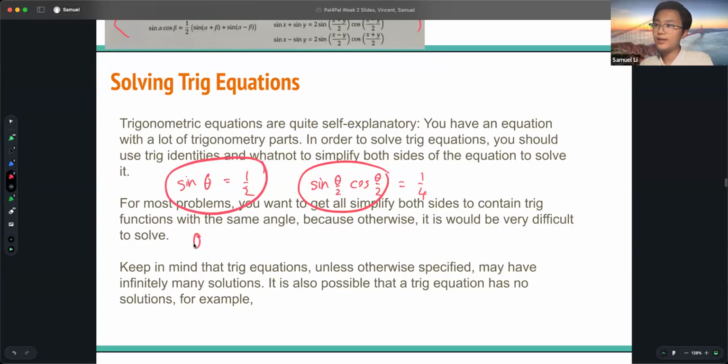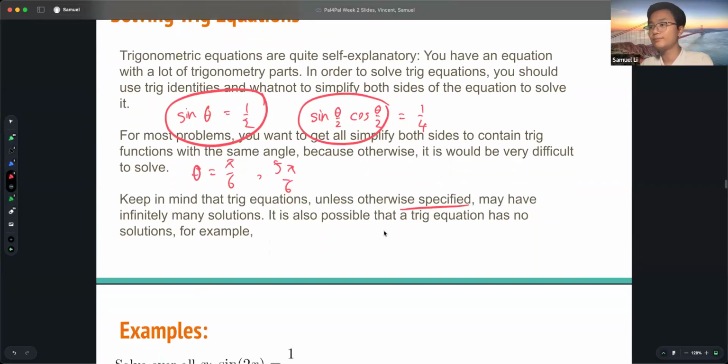If you just write theta is equal to pi over 6, which is 30 degrees, this is not enough, because whenever we solve a trig function, unless it is otherwise specified, it will have infinite solutions. So it could be 5 pi over 6 as well, and any of these plus any multiple of 2 pi, because the period of sine is 2 pi.